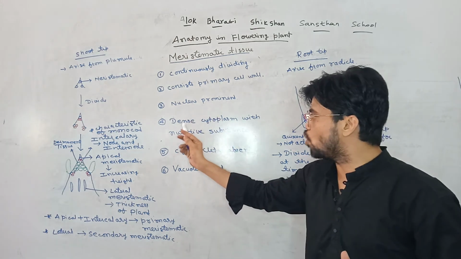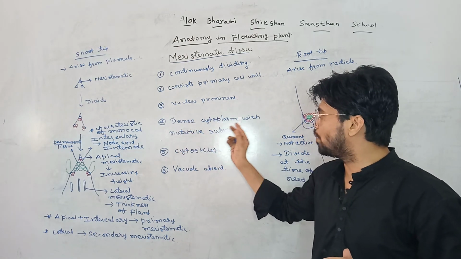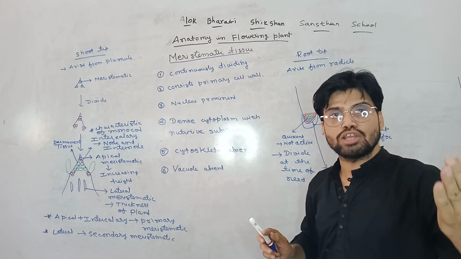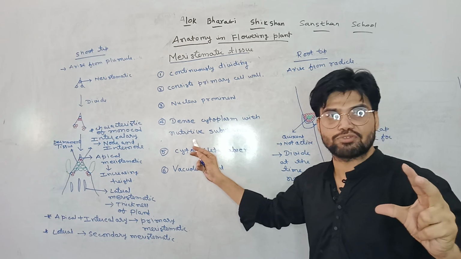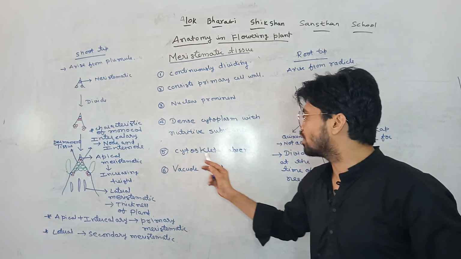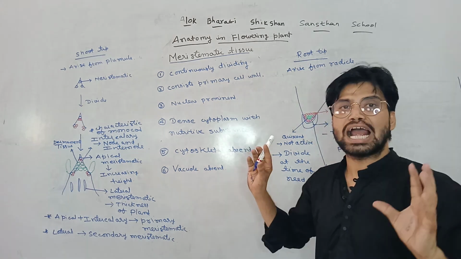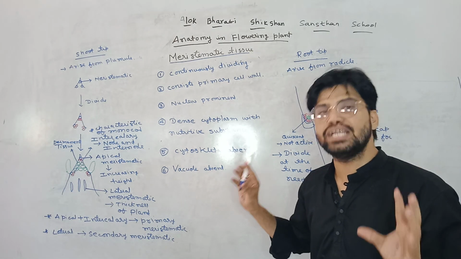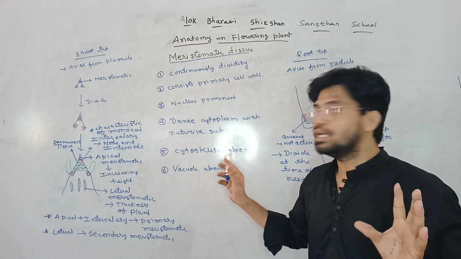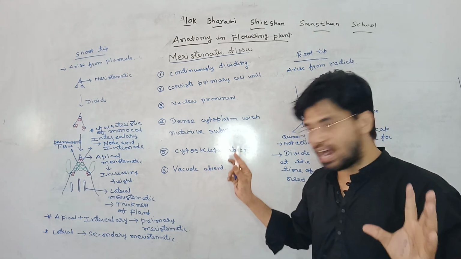After that, the fourth point is dense cytoplasm with nutritive substance, so that the new tissue will get nutritive substance from the dense cytoplasm. Point number 5, cytoskeleton absent. Cytoskeleton basically provides framework to the cell, so here it is not present because it is a dividing tissue.